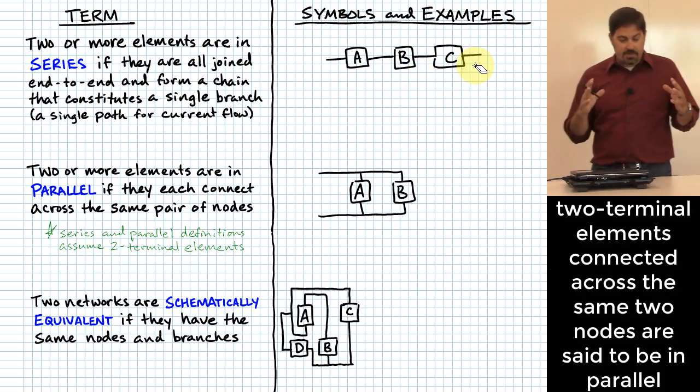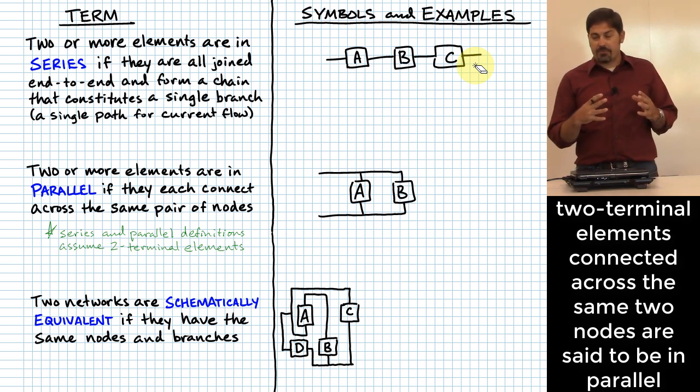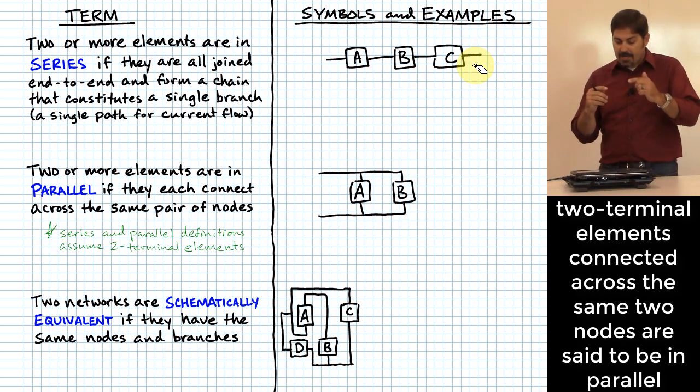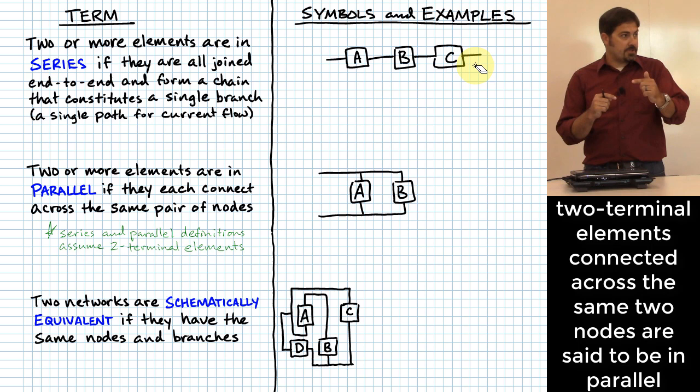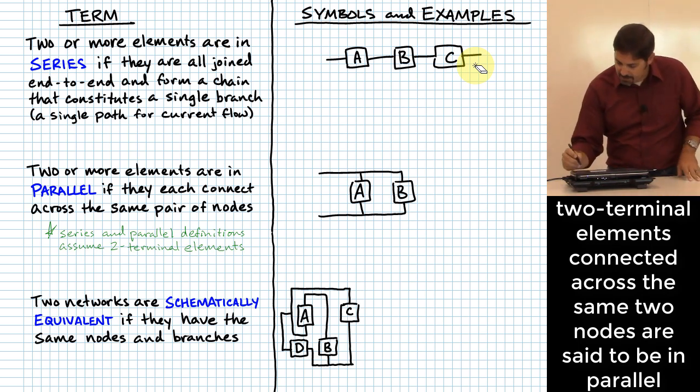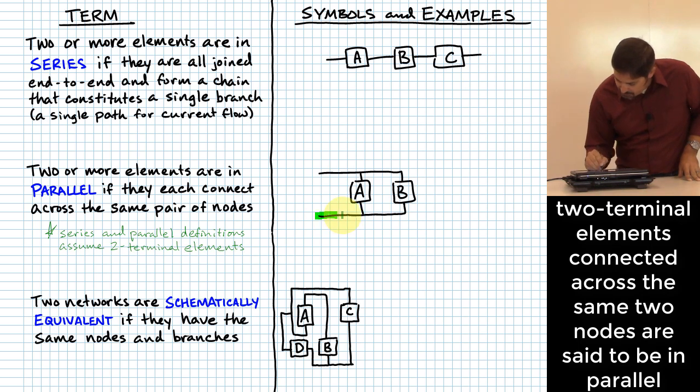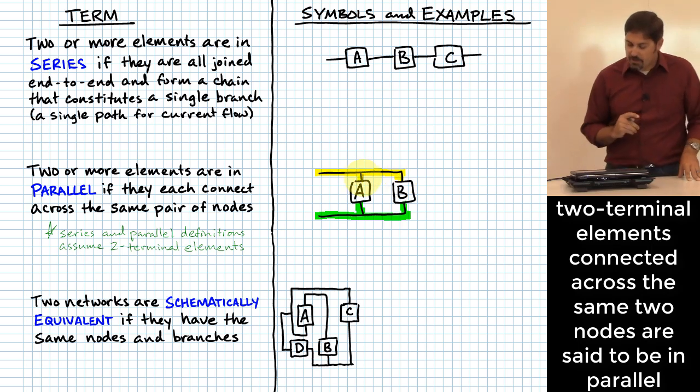Two or more elements are said to be in parallel if they connect across the same two nodes, right? The same pair of nodes, if all of the elements connect across the same pair of nodes. And the easiest way, in my opinion, to visualize that is to color the nodes, right? So we have those two nodes.